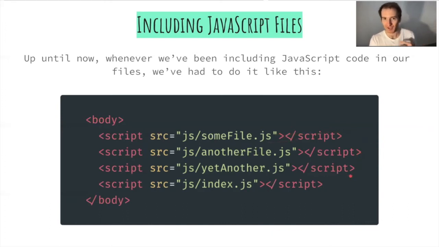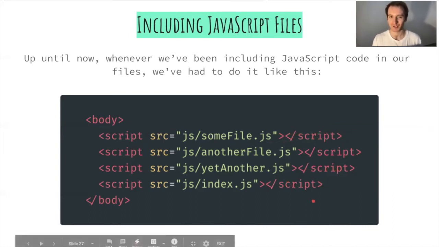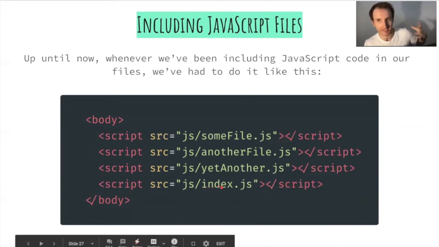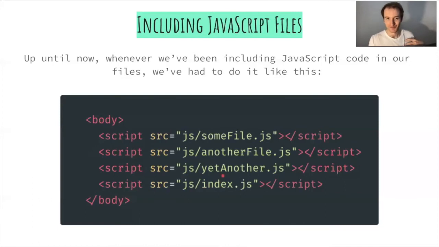Because if we change a couple of these script tags around, that could break the entire application, because we could suddenly get a message like some variable that we're calling inside index.js that was first declared inside of yet another.js isn't available anymore, because the index.js code went first all of a sudden.